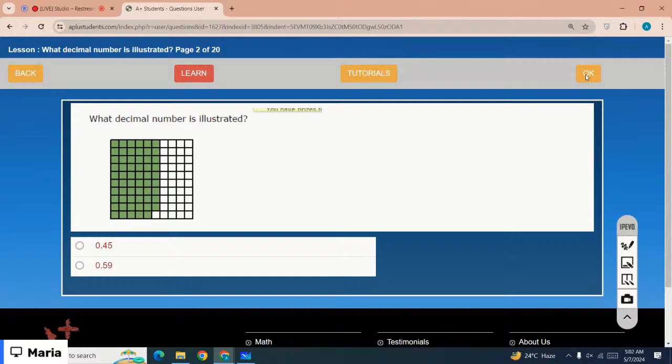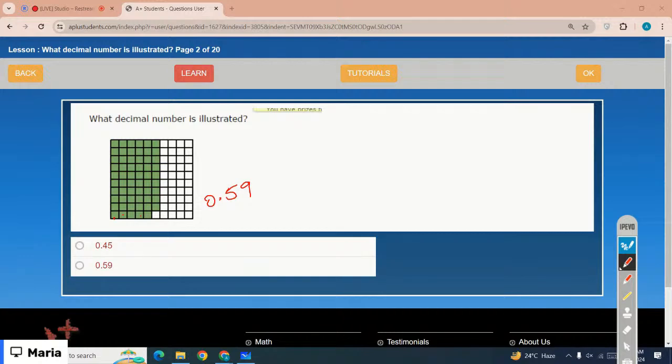What decimal number is illustrated? Which is the correct option? The complete box shows 100 small squares, right? You have to count the ones that are colored. You have one, two, three, four, 5 complete lines and 9 of them are colored. That means 59, that is 0.59, right?